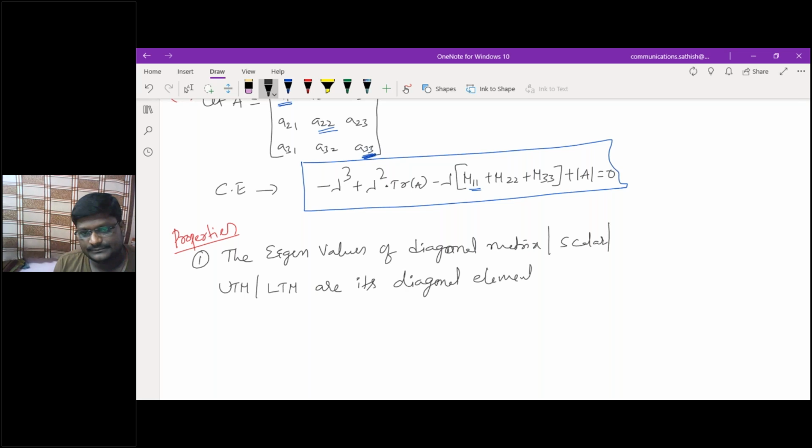Simple criteria. They are its diagonal elements.